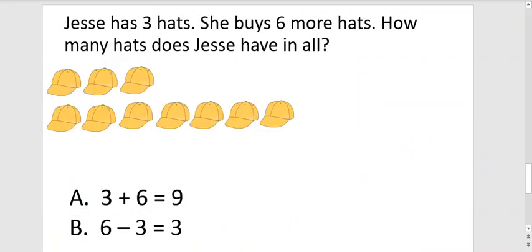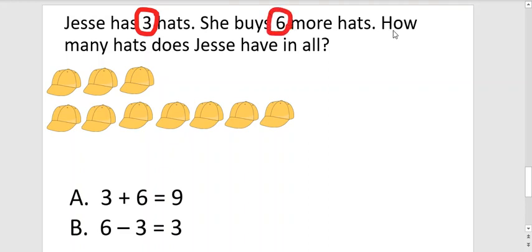Now let's do the last problem together. It says Jessie has 3 hats. She buys 6 more hats. How many hats does Jessie have in all? Okay, so I read my problem. Now my next step is to circle the numbers that I see, and I see number 3 here. And then over here, I see number 6.